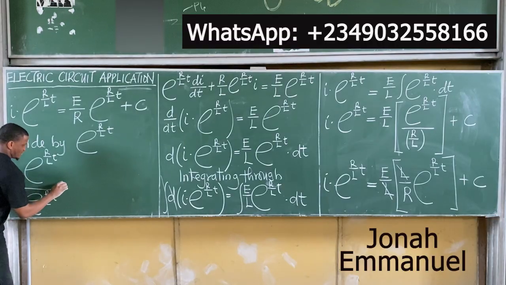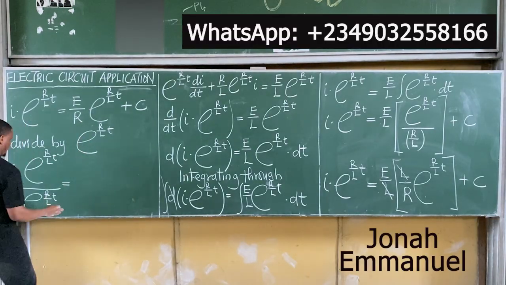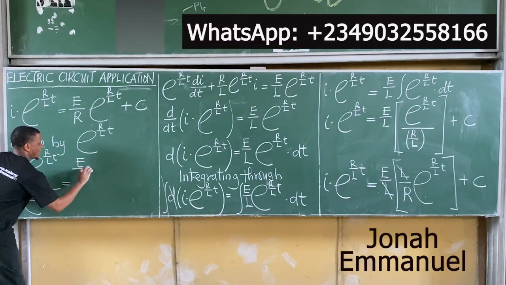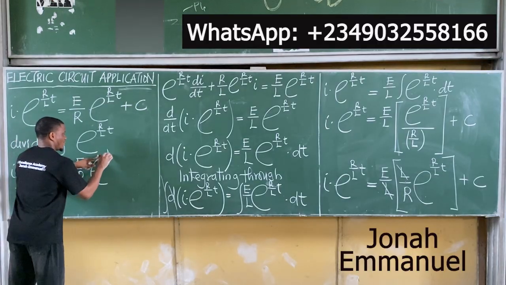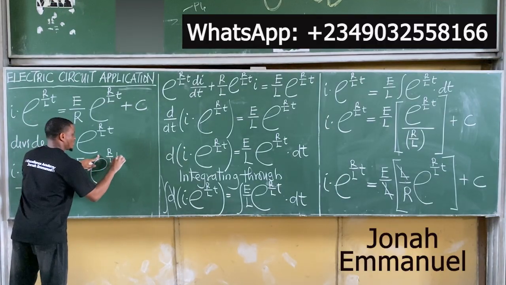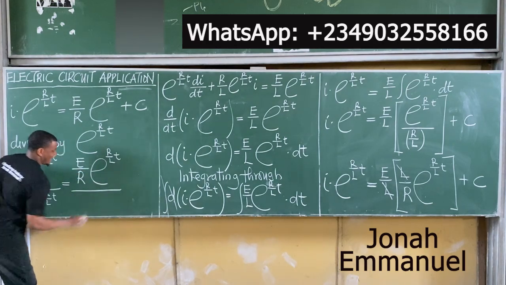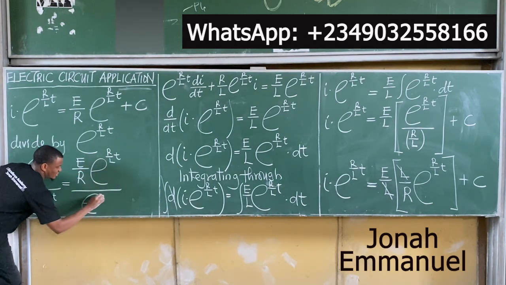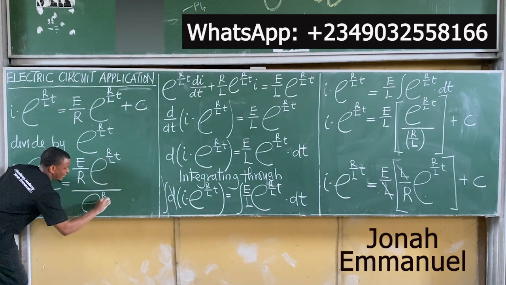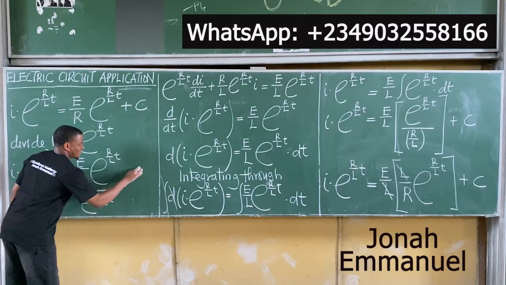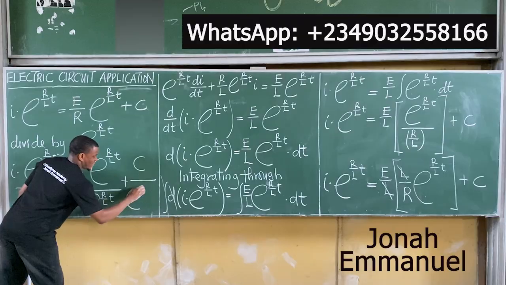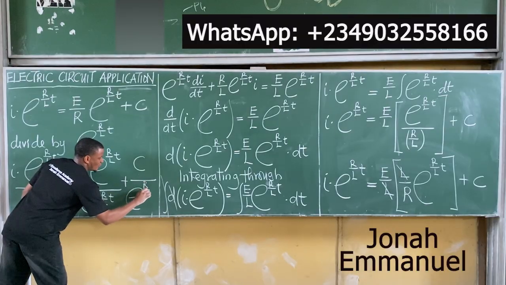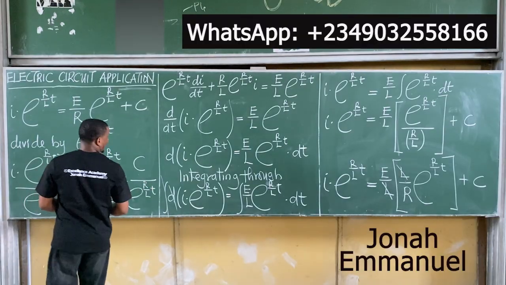This is equal to this one here, E over R exponential R over LT divide by exponential R over LT plus C all over exponential R over LT.